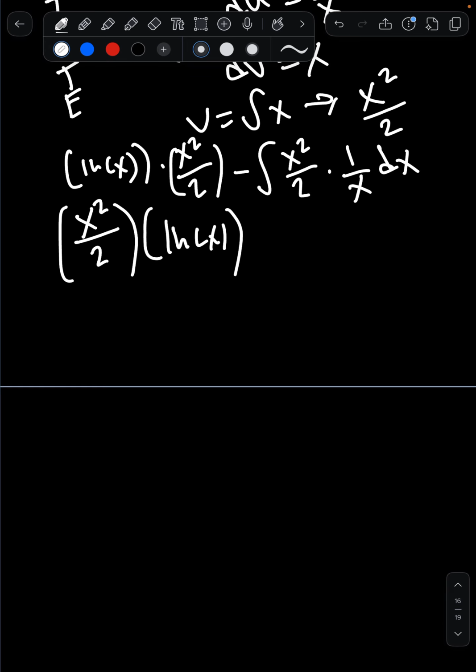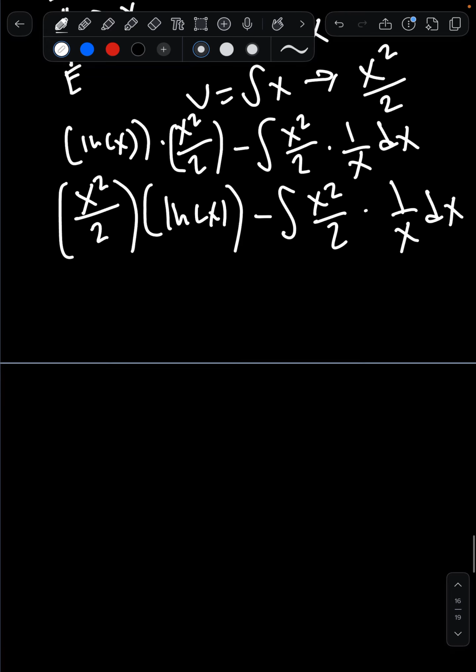And now I'm going to deal with this integral. So this integral looks like we're going to do another integration by parts because we have two functions multiplied by each other. However, we actually can do this.